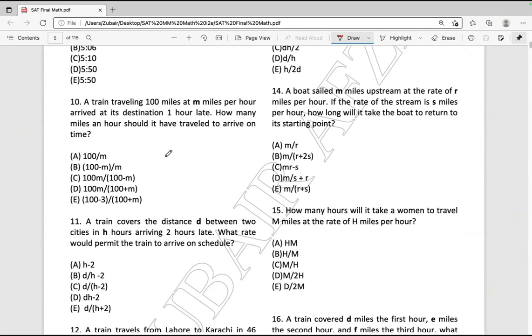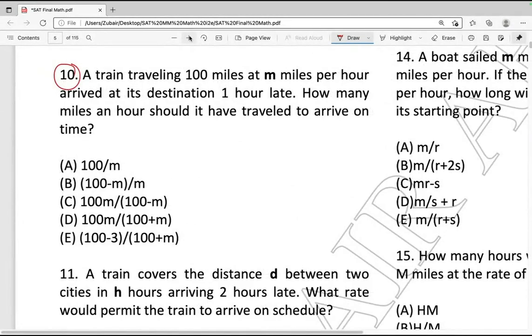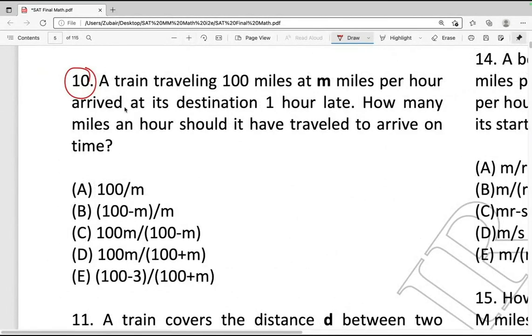Now let's increase the difficulty level a bit. Question number 10. Formulas would remain the same. You just have to understand the situation.